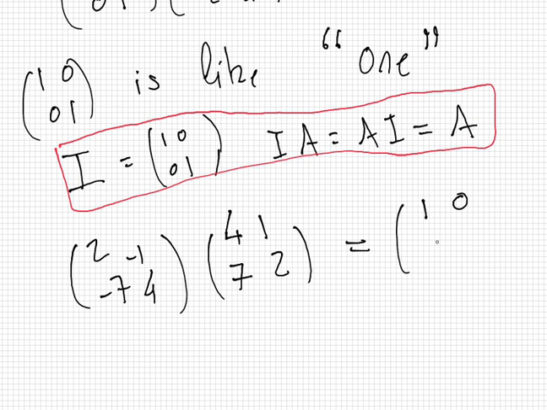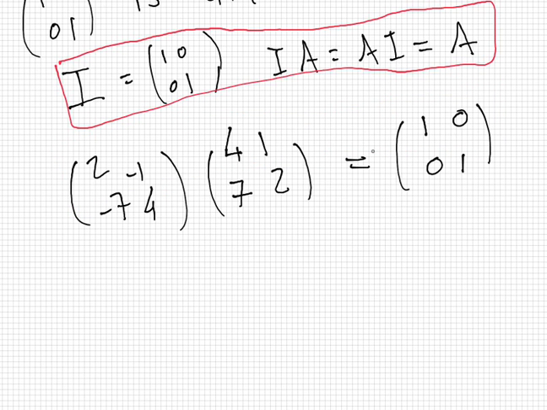1, 0, 0, 1. So it means that one of the matrices is the inverse of the other. This matrix is the inverse of that matrix, or vice versa.